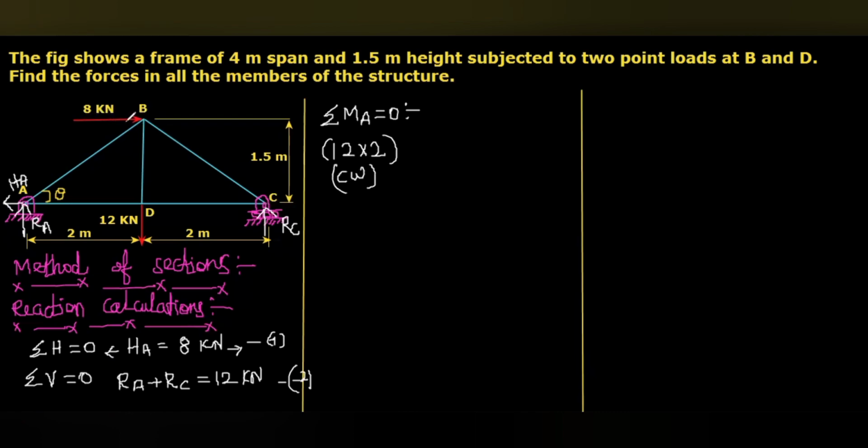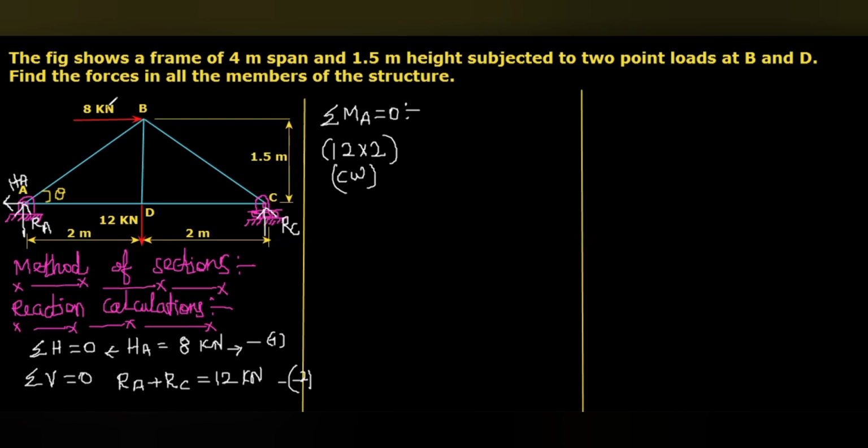Then this 8 kilonewton is acting in this direction. Here you can see from the point A, this will be the perpendicular distance, because this is the line of action of the 8 kilonewton load. This one will be the perpendicular distance, which is equal to BD. That value is given as 1.5.